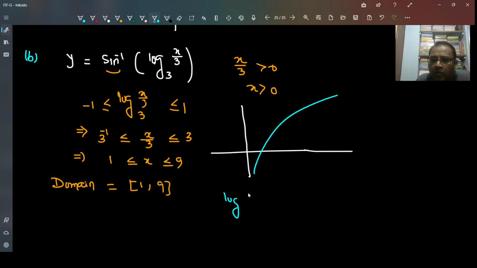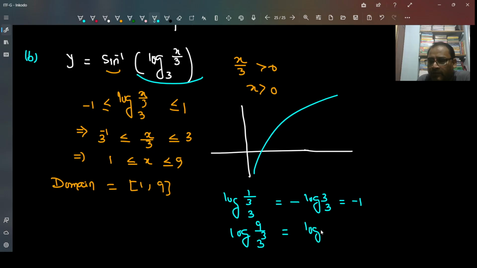Log of 1 by 3 base 3, which is nothing but log of 1/3 base 3, which is minus 1. So this will generate minus 1. And when you give 3 here, it will be log of 9 by 3 base 3, which is log of 3 base 3, which is nothing but 1.